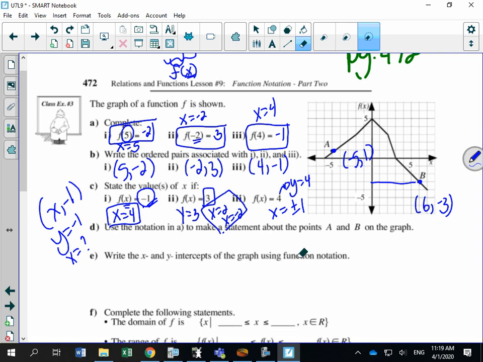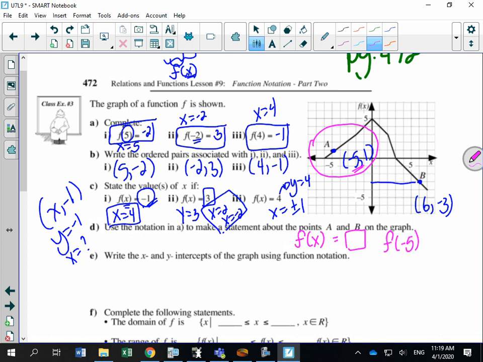So function notation is going to be, so let's do A first, and I'll do A in pink. Normally we write f of x is equal to whatever the y value is. Well, they want x to be -5. So f of -5 is equal to, when x is -5, what's the corresponding y value? It's 1.